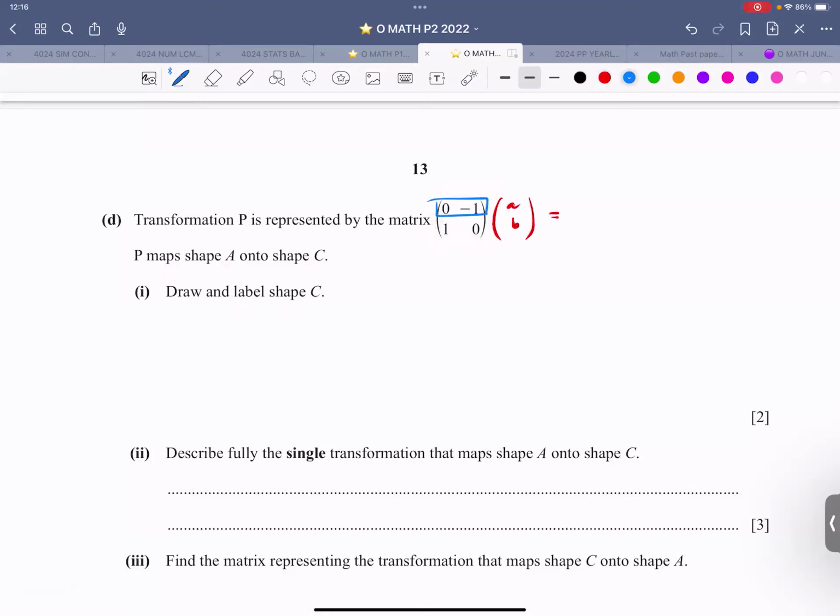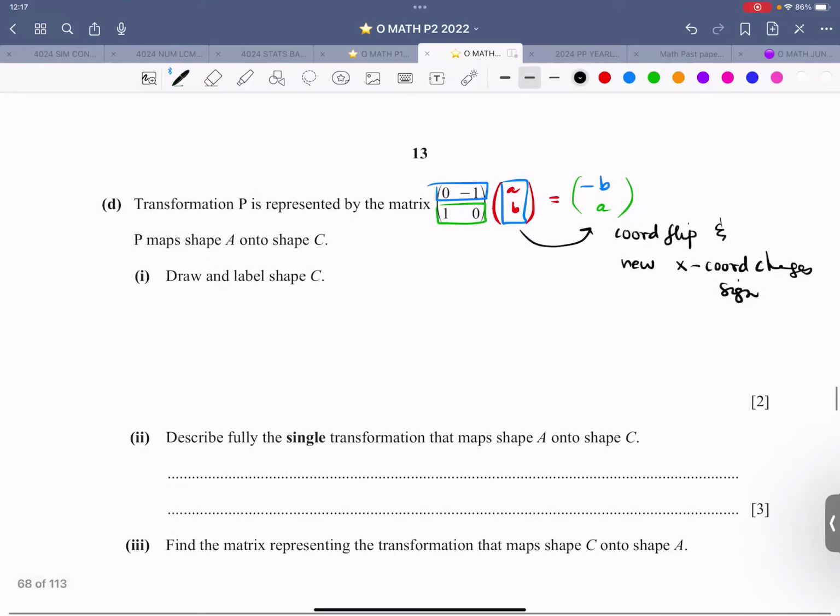So 0, -1 multiplying with (A, B). So 0 into A, B with a negative sign, minus B. And similarly, 1, 0 with (A, B). So this is A and 0. So this is this. That means coordinates flip and the new X coordinate changes sign.